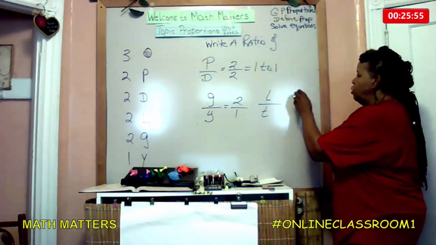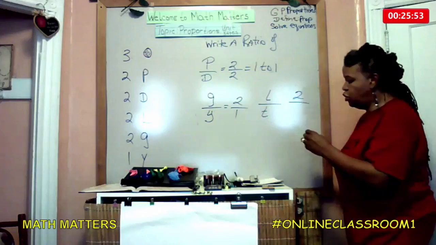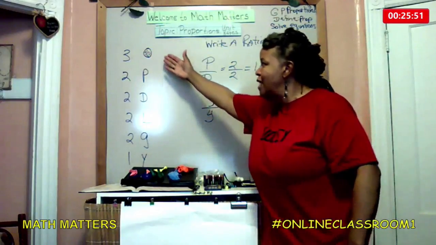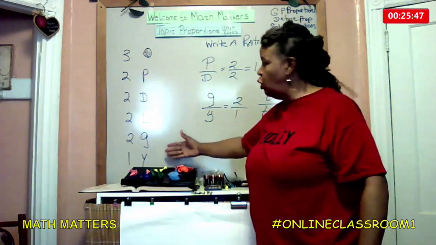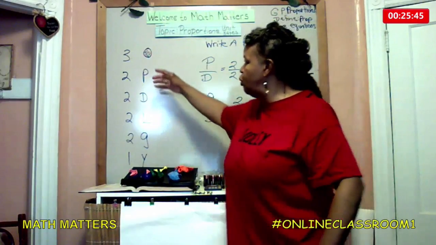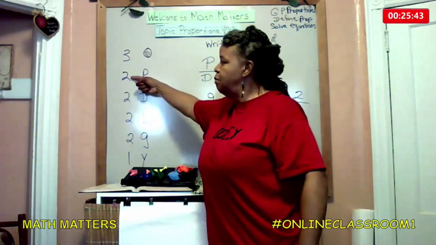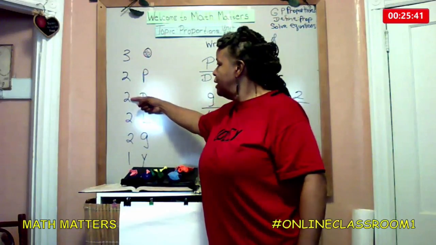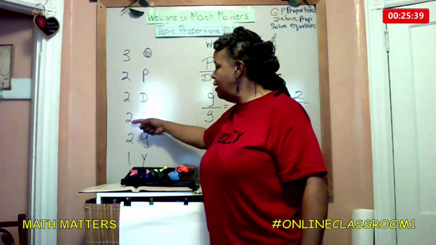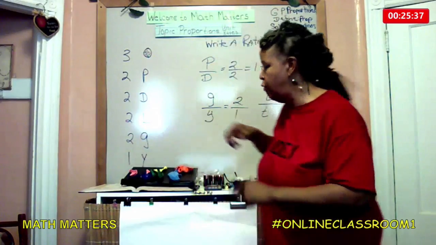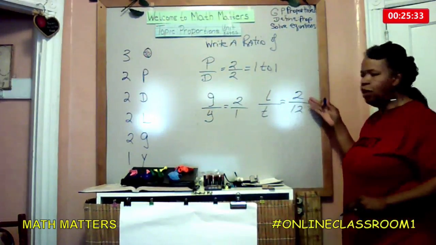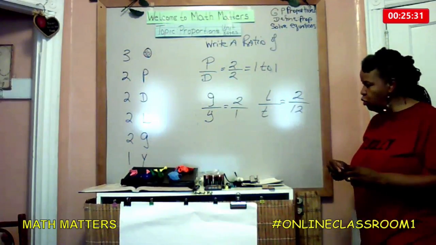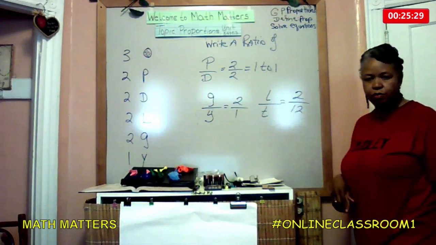I've got 2 light blue to the total number of balloons. That means I've got to add them all up. So how many total balloons do I have? 3 plus 2 is 5, 7, 9, 10, 11, 12. 2 out of the 12 balloons are light blue.